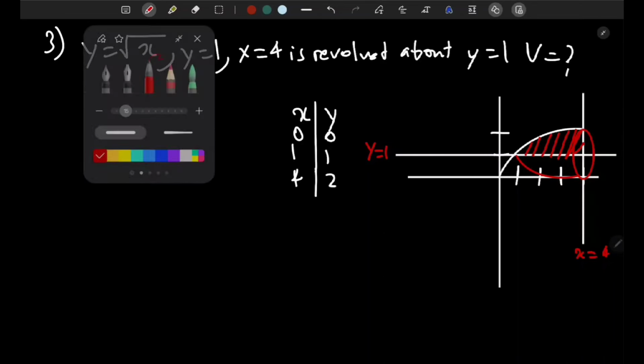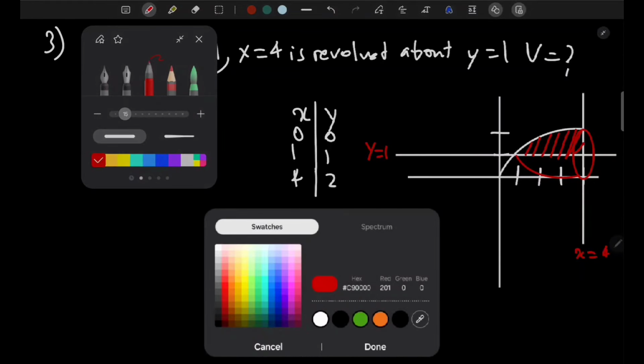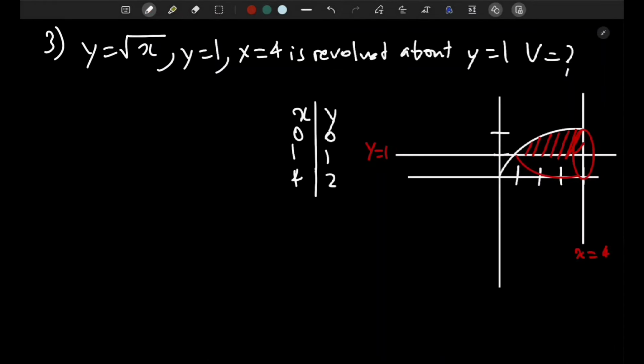Now, as we have visualized the volume that we are solving for, let's start the integration. What x are we going to start with? It's going to be from 1, starting from this point all the way up to 4.